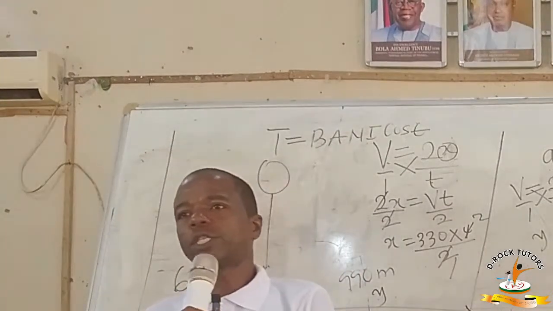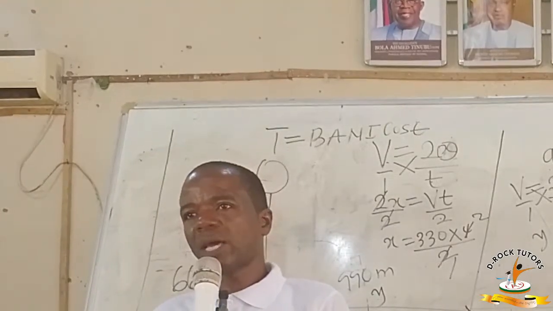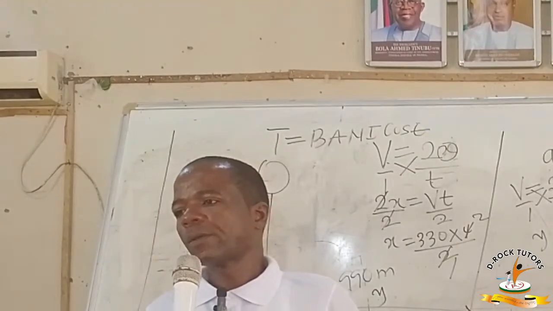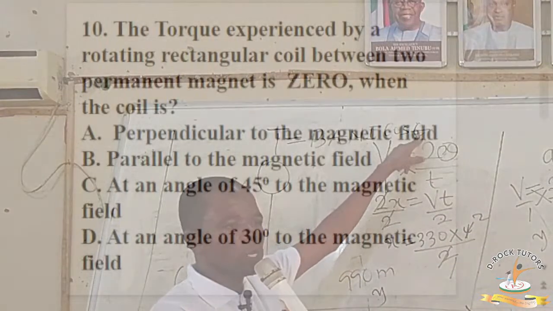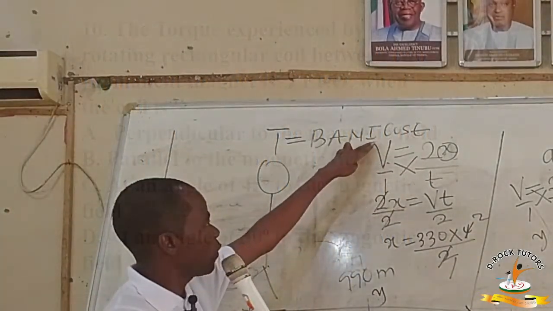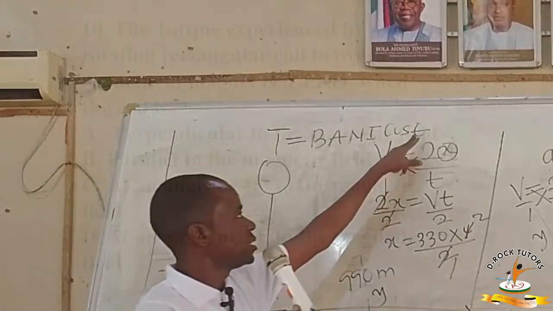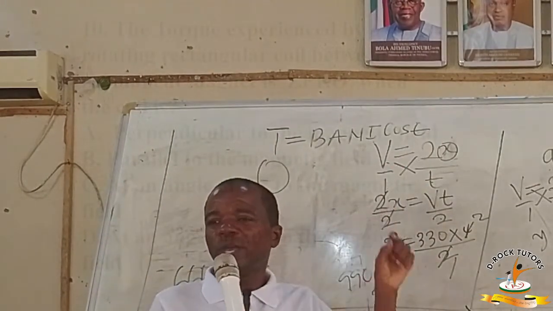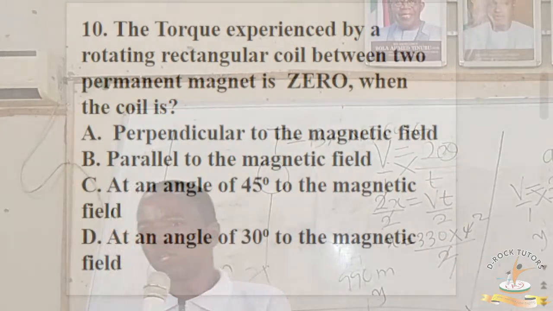You can pick up a calculator and find out the value of cos 90 degrees. 0, right? And when cos 90 becomes 0, 0 multiplied by everything here becomes 0 as well. And when theta is 90 degrees, what does that mean? It means the coil is what? Is perpendicular to the magnetic field.